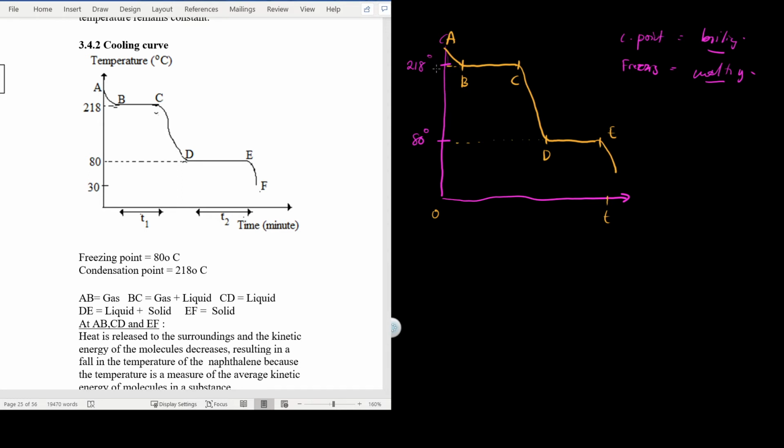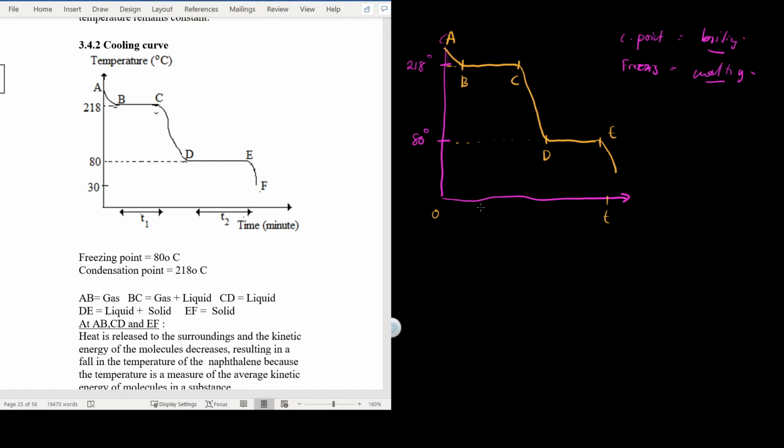And what is the boiling point of this substance? Since 218 is the condensation point, from gas to liquid, it can also be said to be the boiling point from liquid to gas. So these are two important pieces of information you can get from this curve.